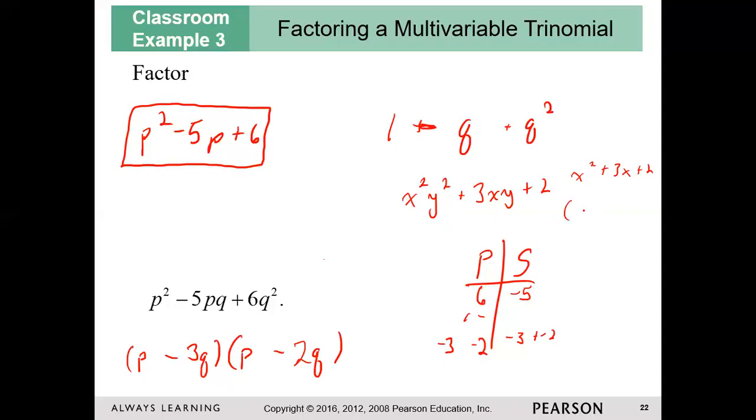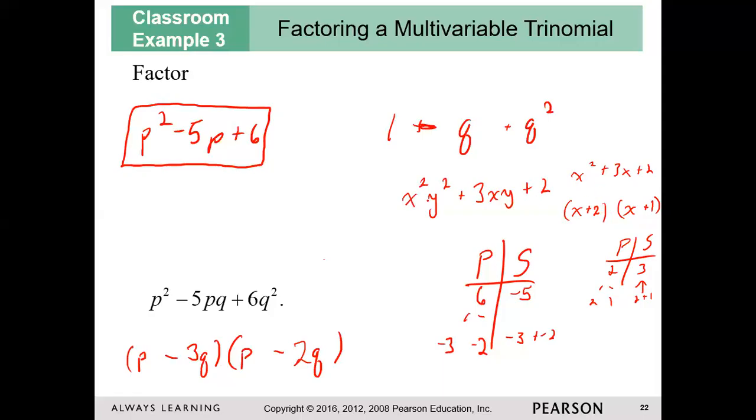If you were to factor this, you would get x here, everything's positive, so plus. And then the factors of 2 that add up to 3 are 2 and 1. So 2 plus 1 is definitely 3, so we are good there.